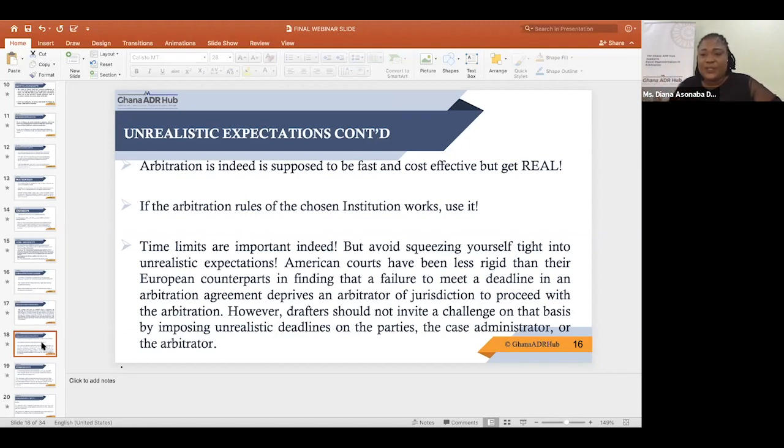Most arbitral institutions have come up with very thorough, elaborate rules that deal with some of these issues, which balance the need to have an effective, speedy resolution through arbitration with the parties' expectations. So again, when I come to the recommended clause, you will see how to deal with this. So time limits are important indeed, but please avoid squeezing yourself into unrealistic expectations as you draft your arbitral clause.